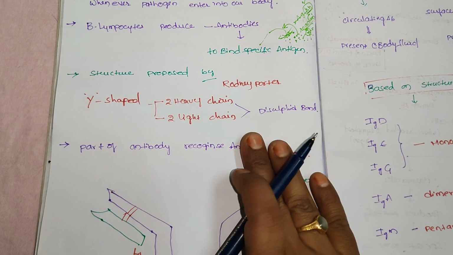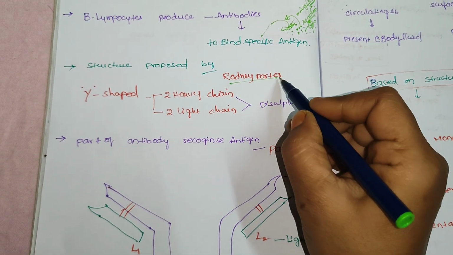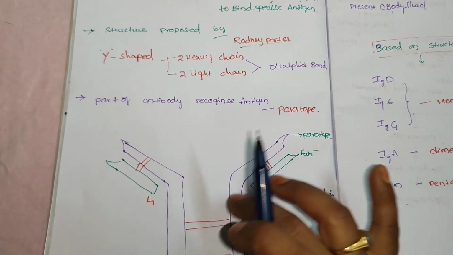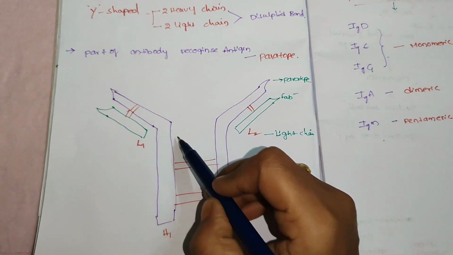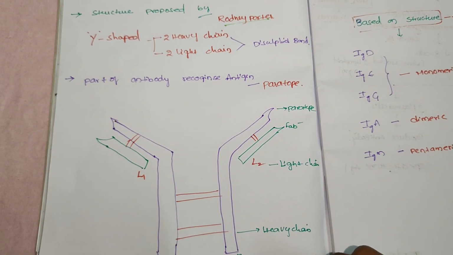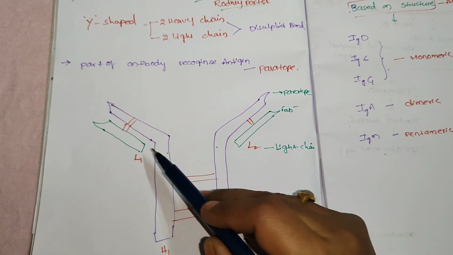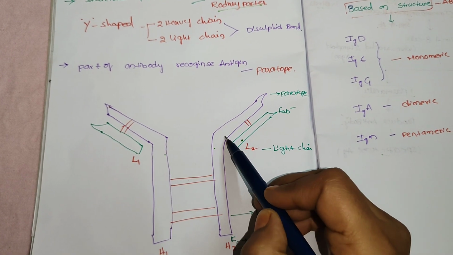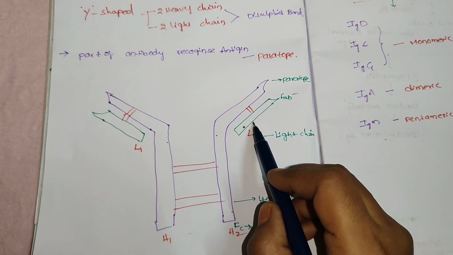The structure is proposed by Rodney Porter. He is the person who described the structure of the antibody or immunoglobulin. It is a Y-shaped structure and it has 2 heavy chains and 2 light chains. Totally it has 4 chains: 2 heavy, H1 and H2, and 2 light, L1 and L2.